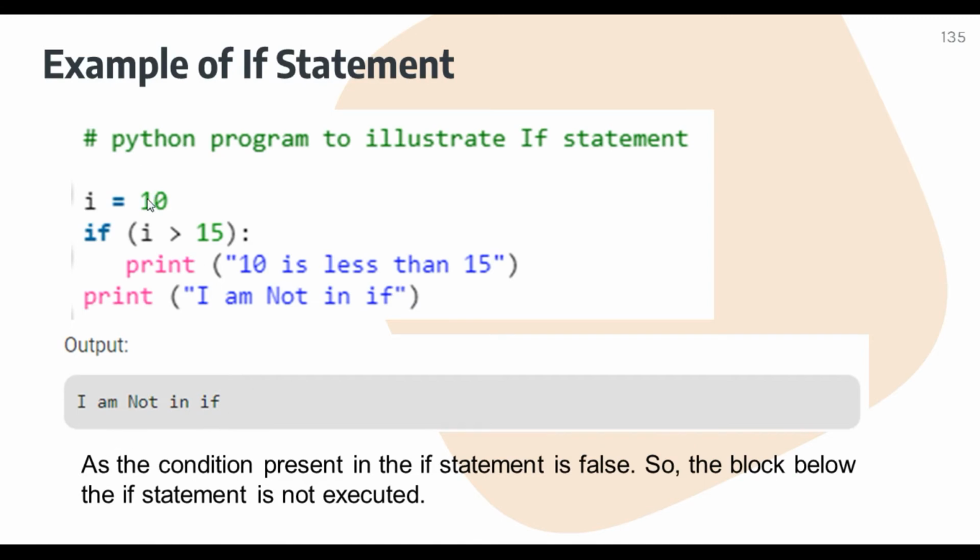So the output will be definitely I am not in if, because the value of I is 10 and we are testing whether I is greater than 15. So 10 is lesser than 15, so the false condition will be considered, it will not be true, so control will jump directly outside of the if statement, and it will say I am not inside if.